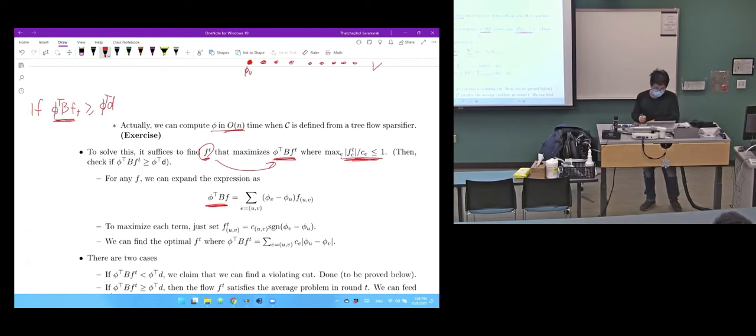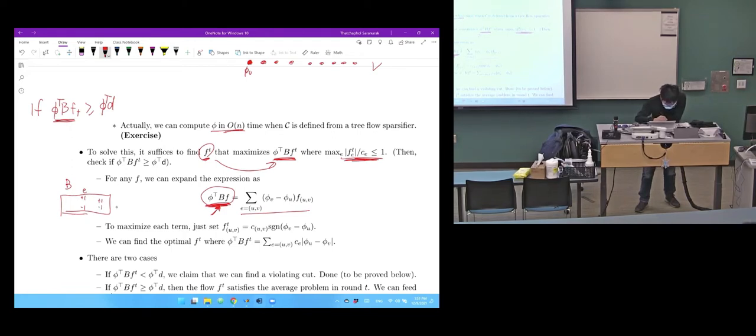Well, when you have this thing B, I claim that phi B F is just this thing, and you can do it just by looking at how B is defined. B is defined to be this matrix, and for each edge there is a 1 and a minus 1, and so on.